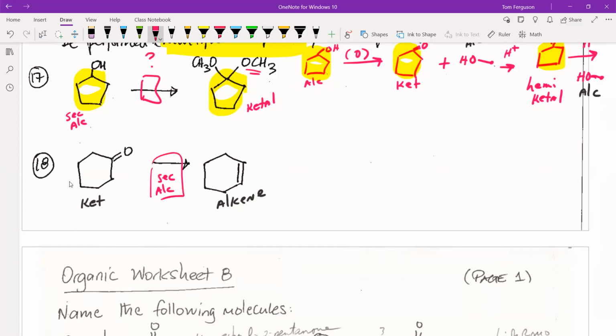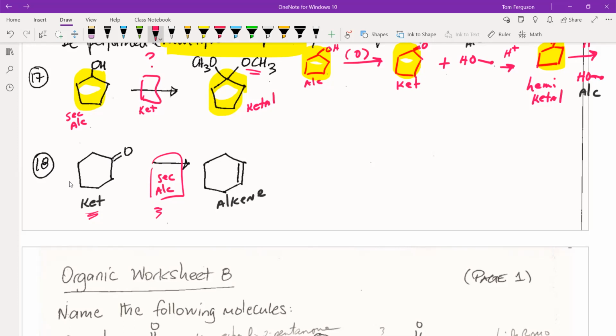So how do we go from a ketone then to a secondary alcohol? Well, we can reduce it. That'll give us a secondary alcohol. And then from there, we can pull off water to generate a double bond.